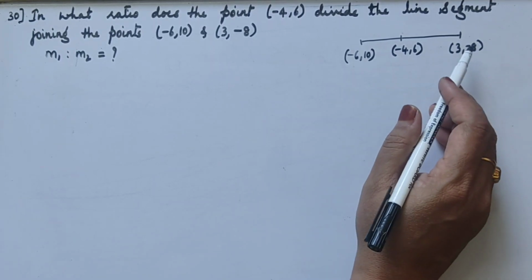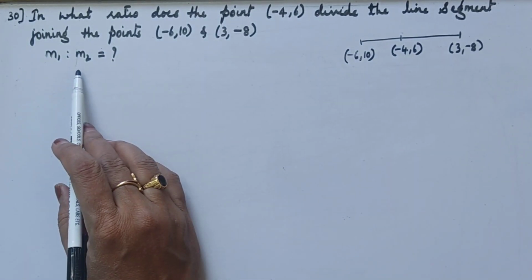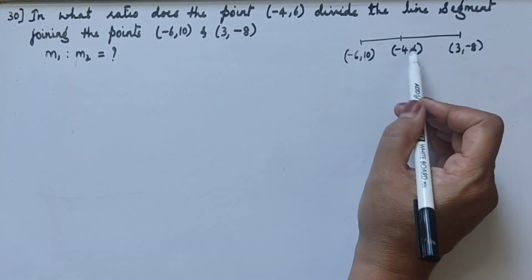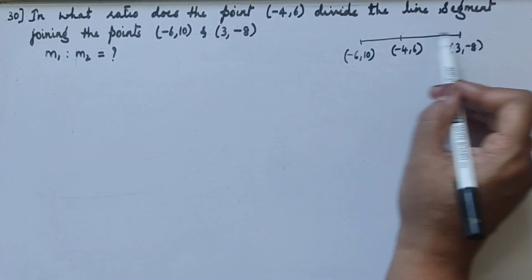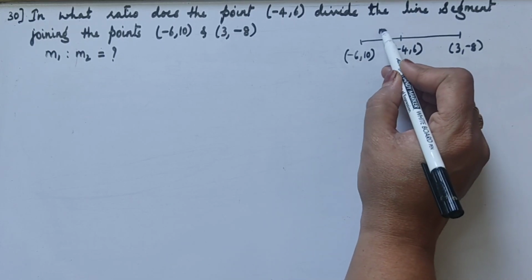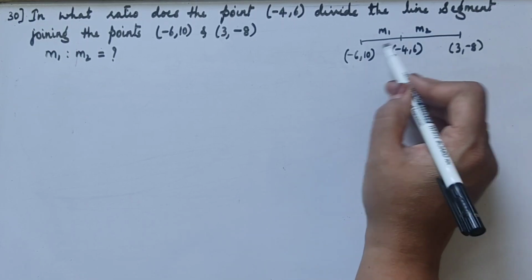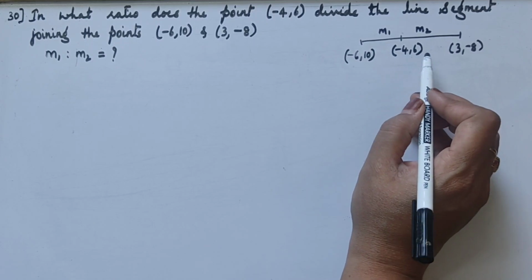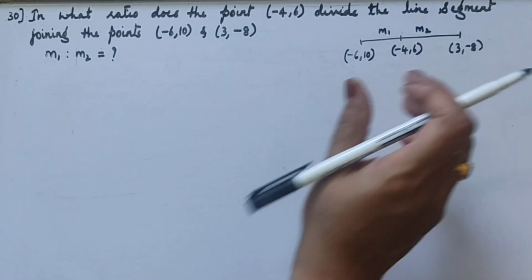Hope this is clear to you all. So we need to find out the ratio, m1 to m2, at what ratio minus 4, 6 is divided. We need to find out this.